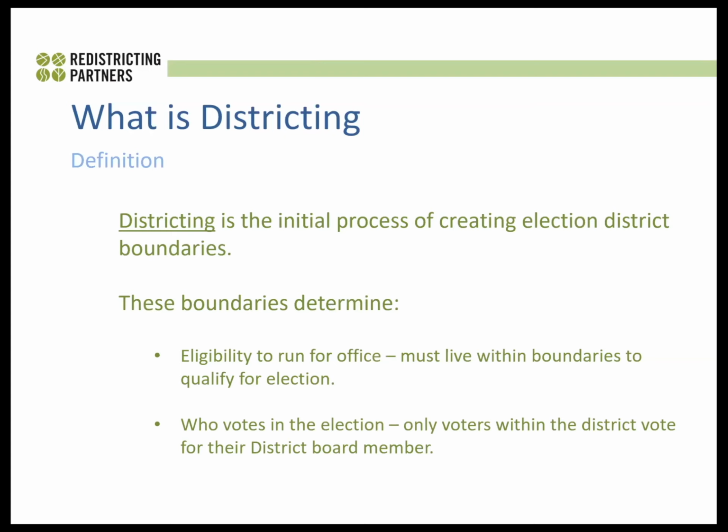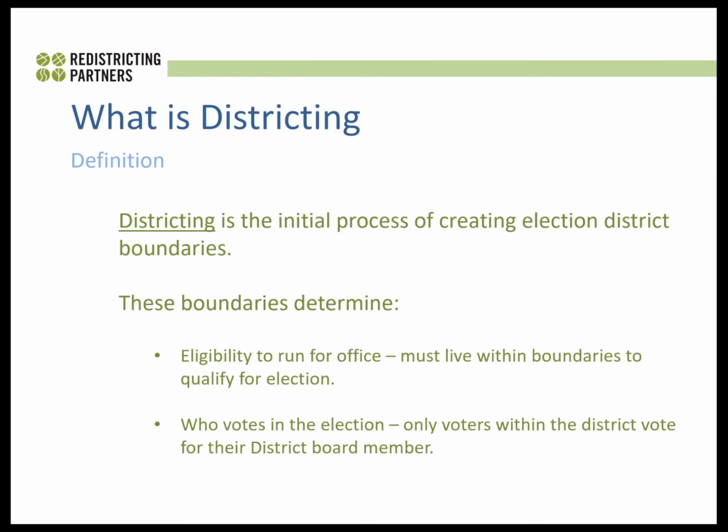What is districting? At its heart, it is just the initial process of creating election district boundaries. So right now, Goleta West Sanitary District is considered at large. And what that means is voters from throughout the district currently vote for all board members.